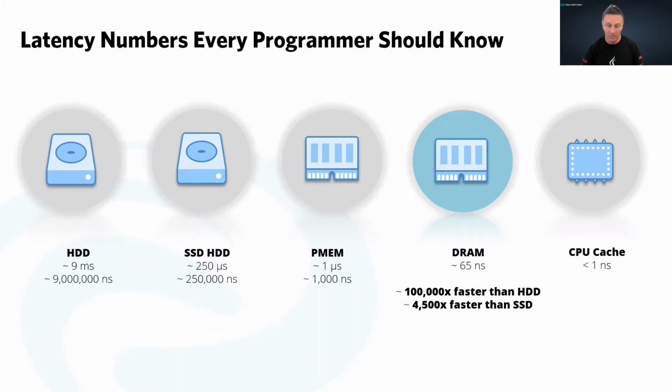Persistent memory is very interesting because I can get access time that is pretty close to conventional memory, but it's much cheaper, and you can store your data persistently. It's similar to an SSD, but much faster, around 250x faster than SSD.